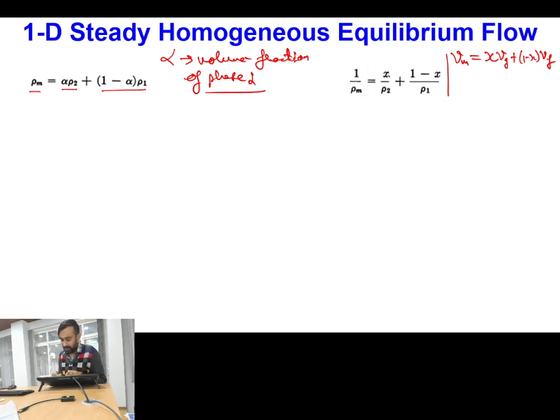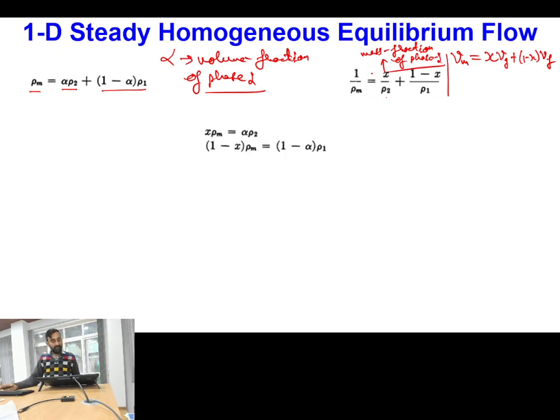So 1 by rho m equals x by rho 2 plus 1 minus x by rho 1, considering that x is the mass fraction of phase 2. Is this point clear? Now, these are two simple relations which you can easily derive.